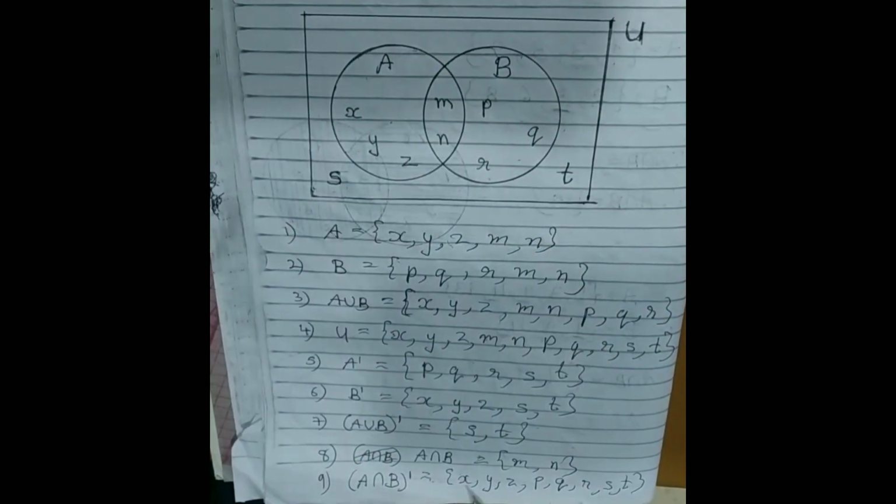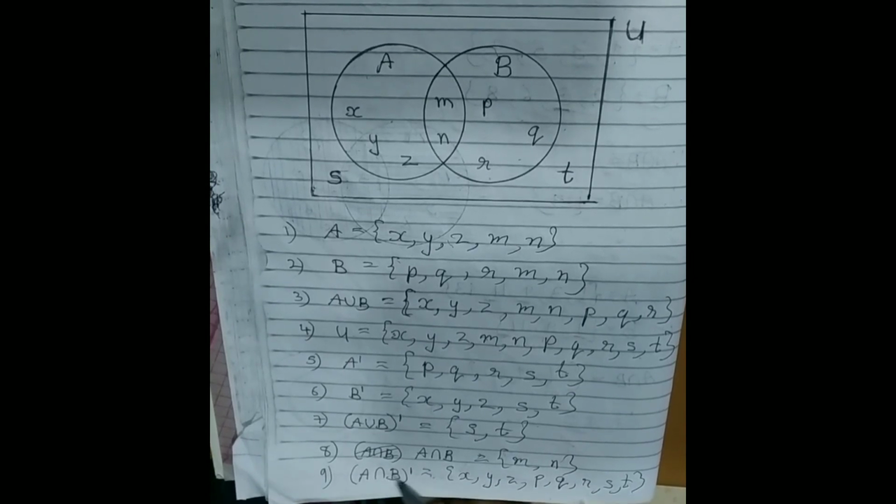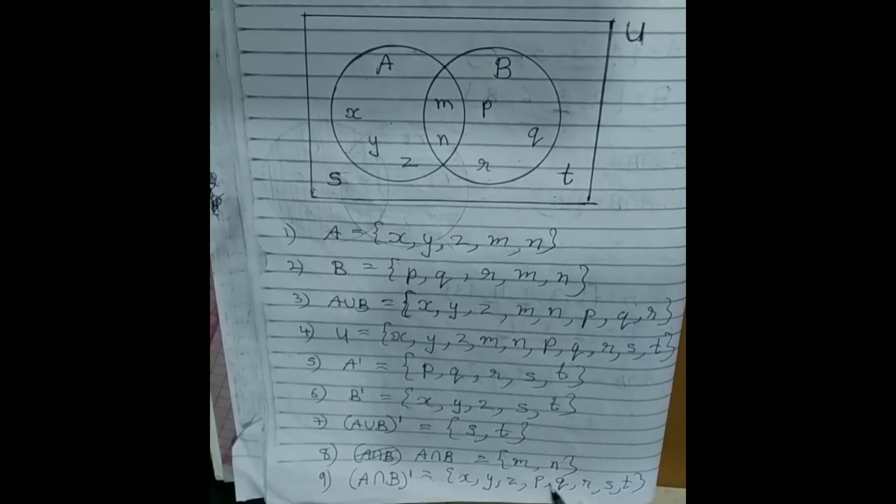So this is the set A intersection B, the whole complement.